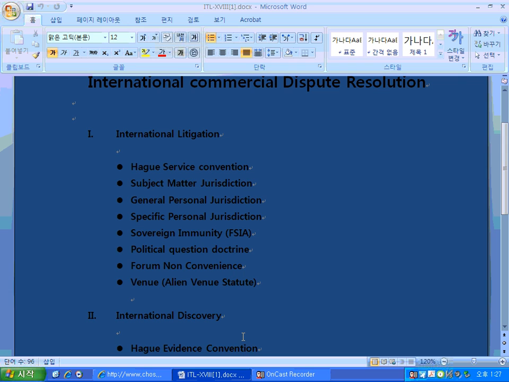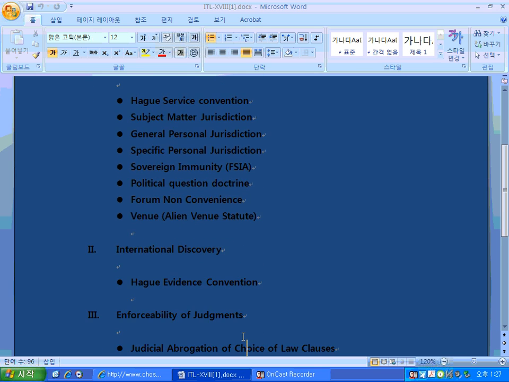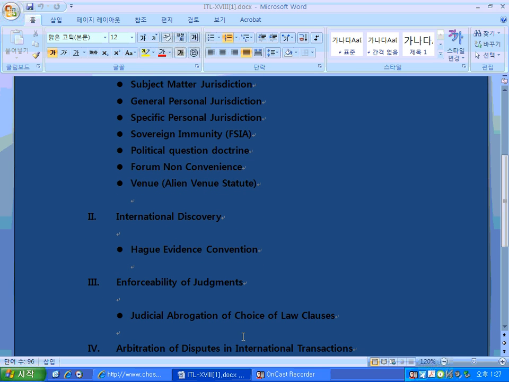For example, what is state immunity concept, and also the court position to recognize and enforce the foreign judgment, as you see. So you now will see the competing authority between the public and private, and also national and international.